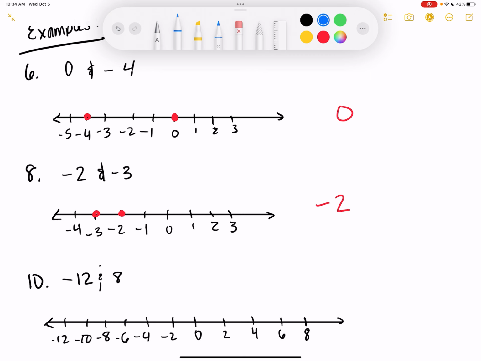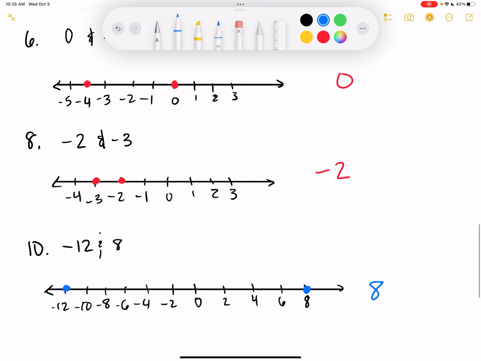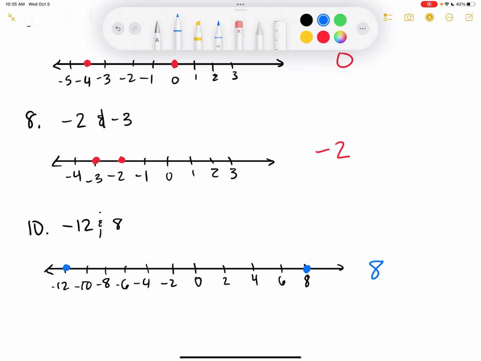So I've got -12, so I'm going all the way left to -12, then all the way to the right to +8. So what's the biggest number on this one? 8. Feel okay with those ones?